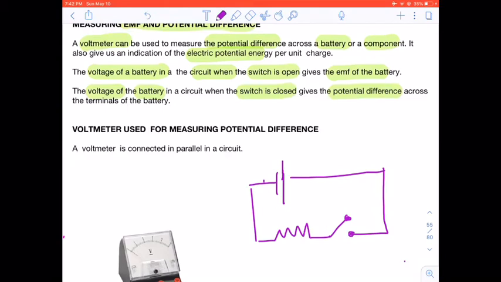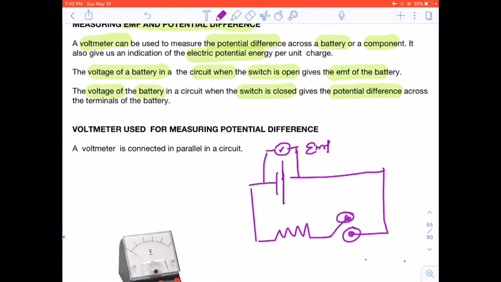And if we measure the voltage across the battery with the switch open, we measure the EMF of the battery. Right? That means when the switch is open, there's no current in the external circuit, and if our voltmeter has quite a high resistance, we measure the EMF of the battery.